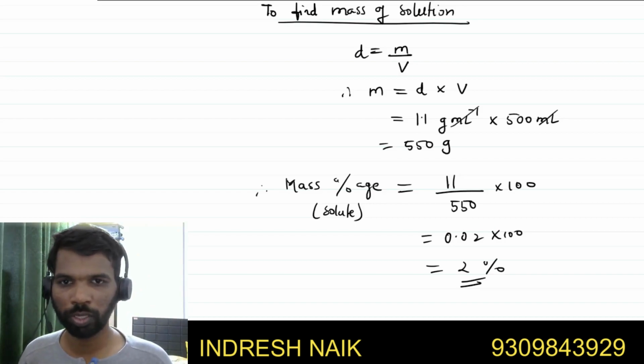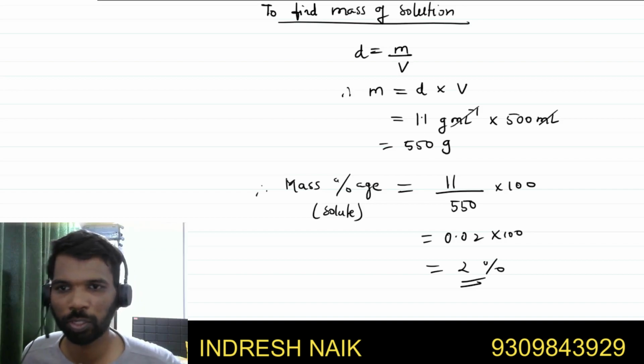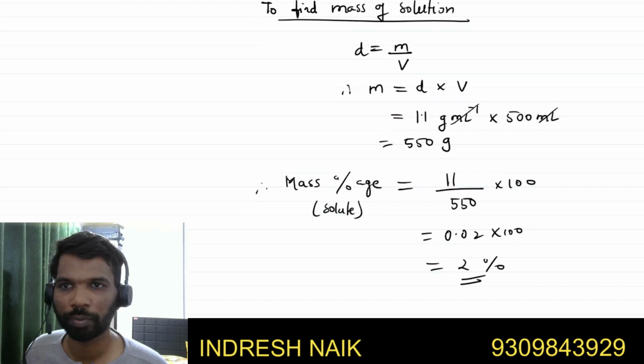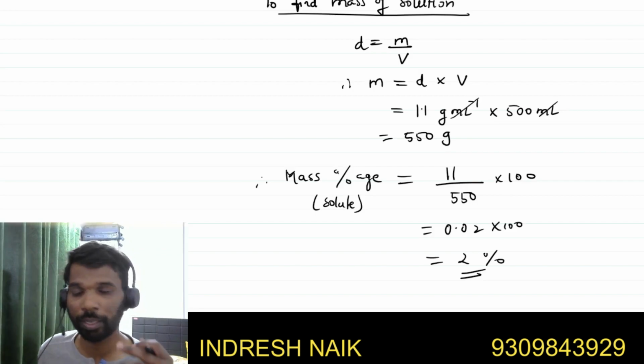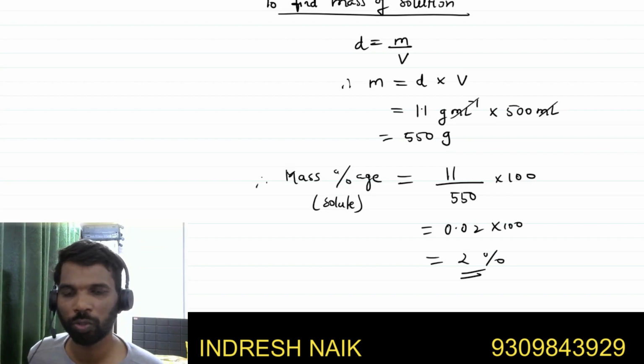Okay, this was the numerical part which could be asked for your first mid test. And the theoretical part, you should learn by heart all the laws, understand them, and some definitions like limiting reagent. This is also important.